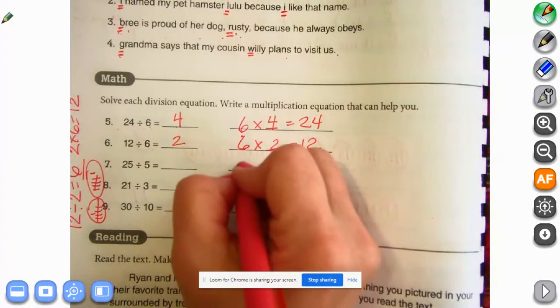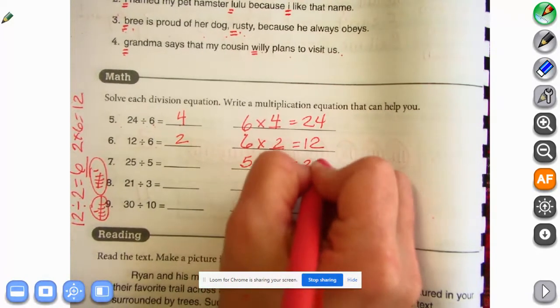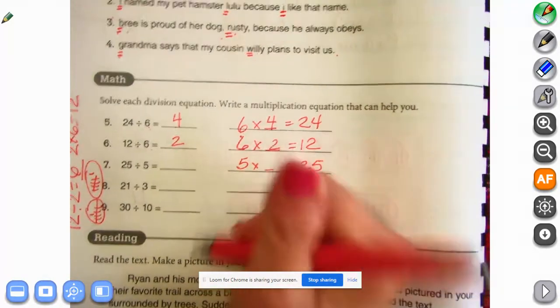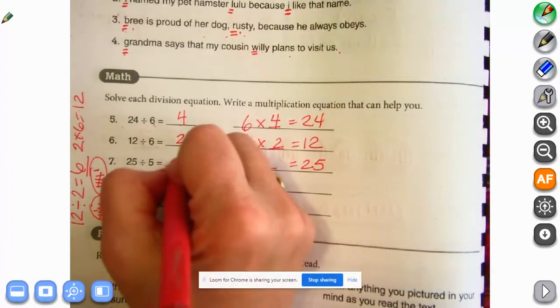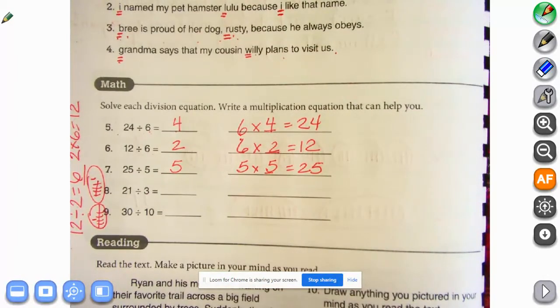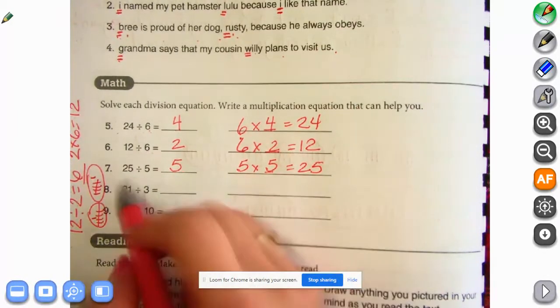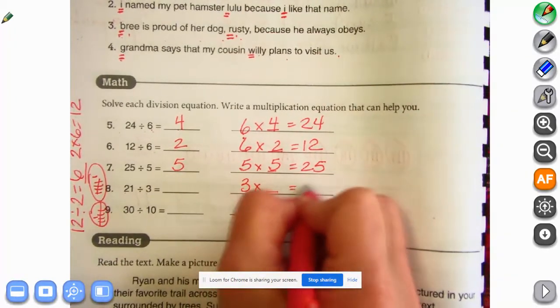25 divided by 5 is the same as 5 times what equals 25? If I skip count by 5s, 5, 10, 15, 20, 25, that's 5 times that I did that. 21 divided by 3 is the same as 3 times what equals 21?